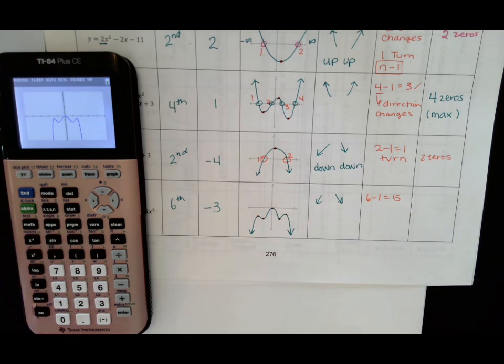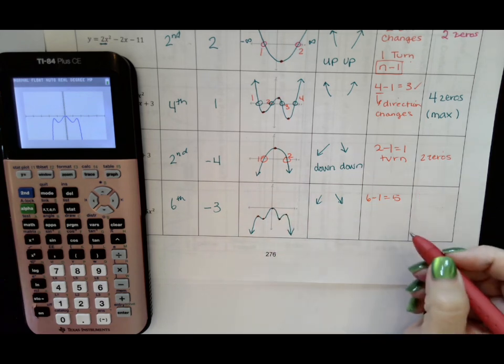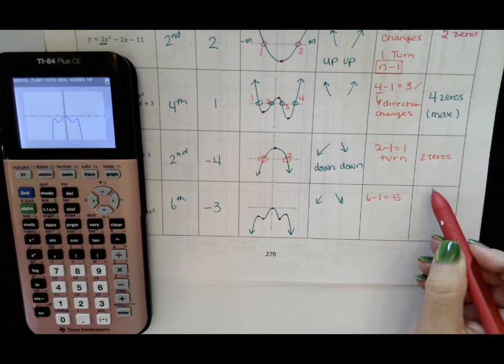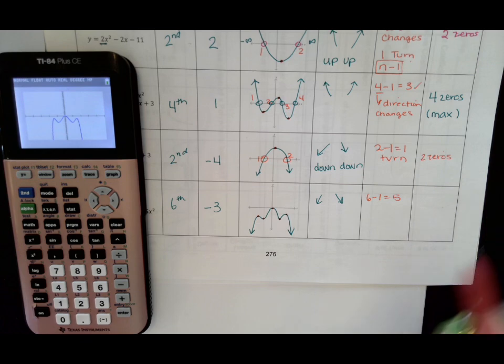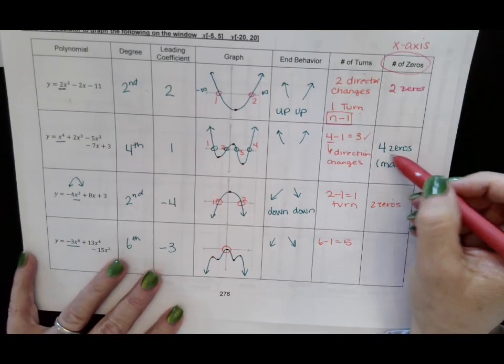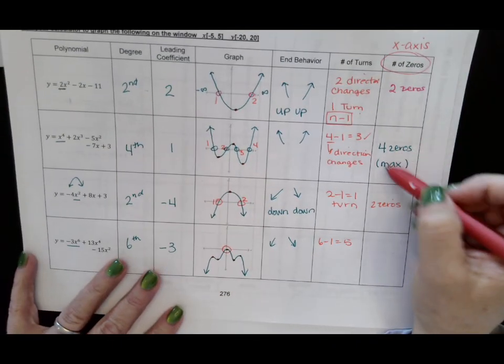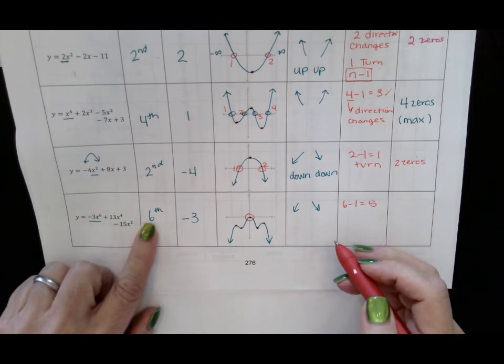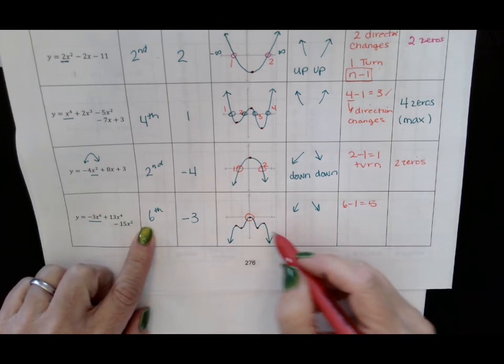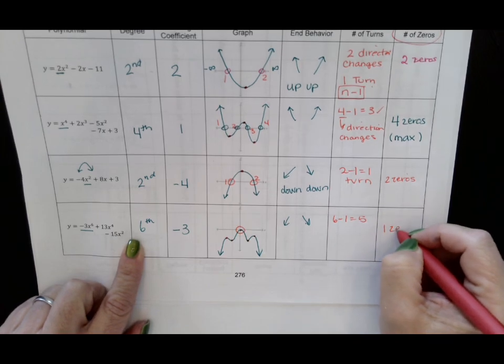That worked. Now, this is one where it's a little bit off. Remember, the 0 is where I cross or I hit the x-axis. Well, look what happens. I only hit the x-axis 1 time. So if you remember up here, I said the zeros, I have 4 zeros, and this can be my maximum number of zeros. So what could have happened is I could have had 6 zeros, but with this graph, I only have 1 zero.